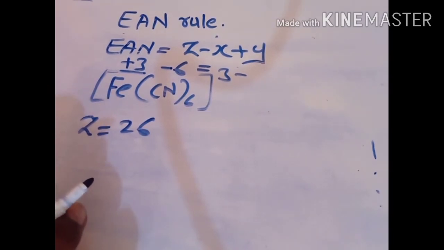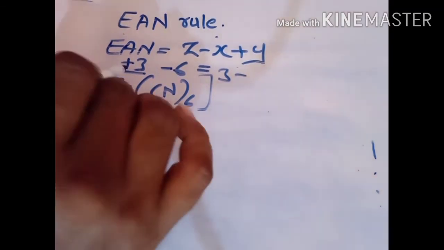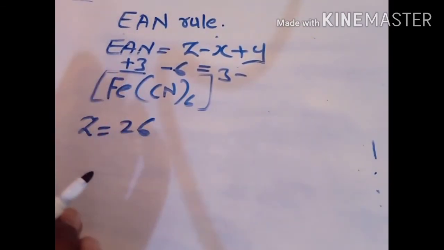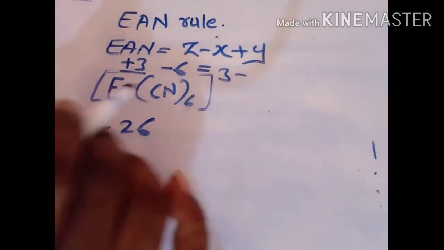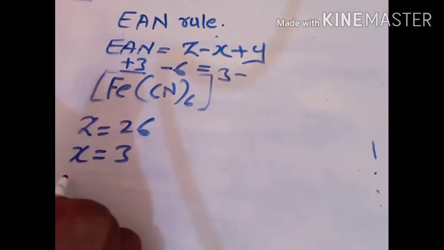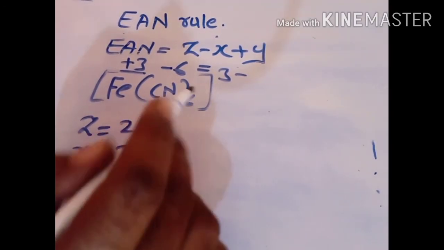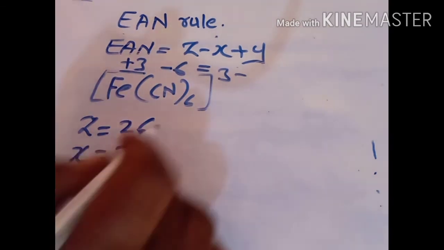We can also calculate the oxidation state of the given complex by the oxidation number method. So in this we have the value of X, that is 3. What is the value of Y? This is the number of electrons donated by ligands, that is 6 into 2, that is 12. Now put the values.